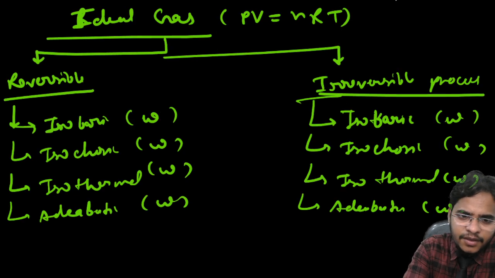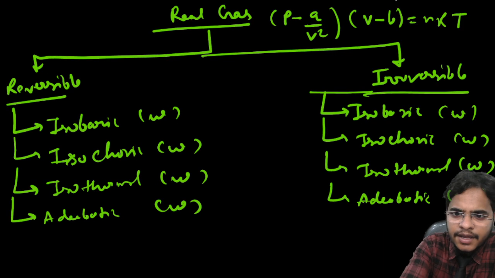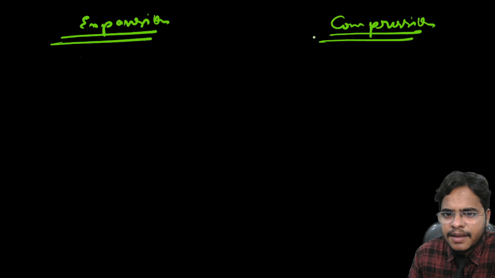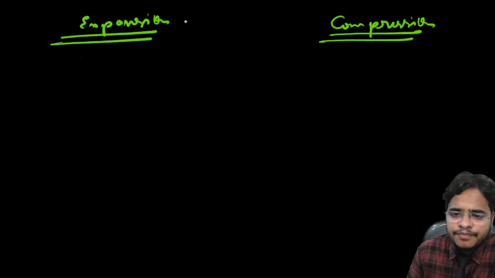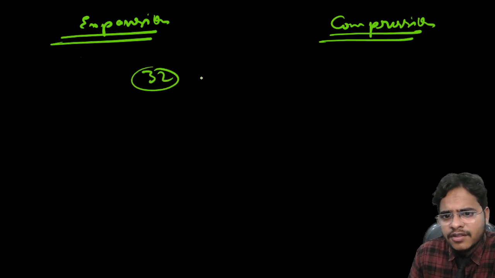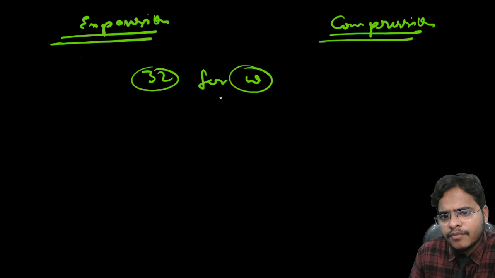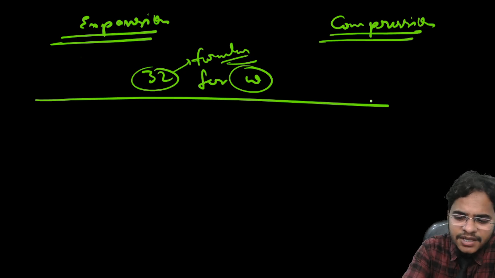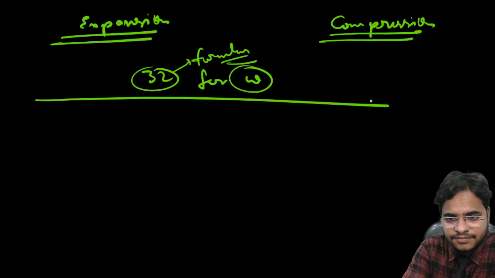So, if we start to calculate, 4 and 4 is 8, 8 and 8 is 16 types of work, and 16 multiplied by expansion and compression, so total 32 formulas for the work done. Okay, that's why thermodynamics is very vast.